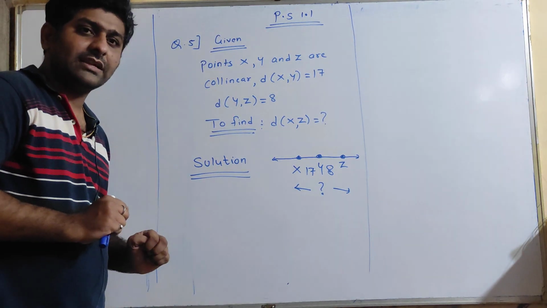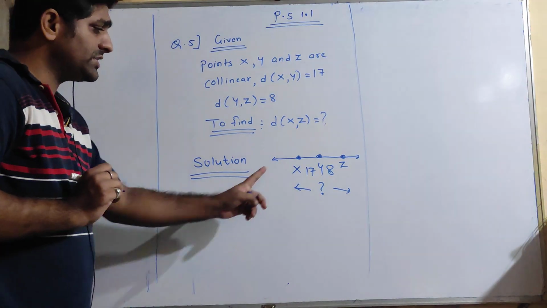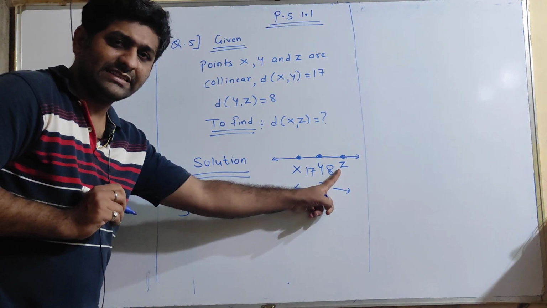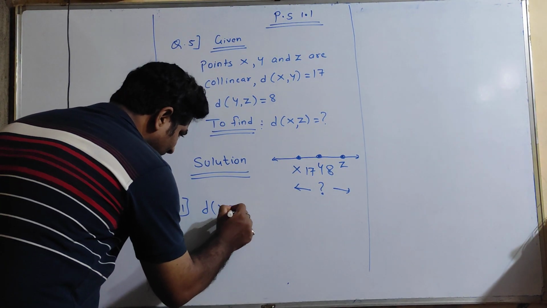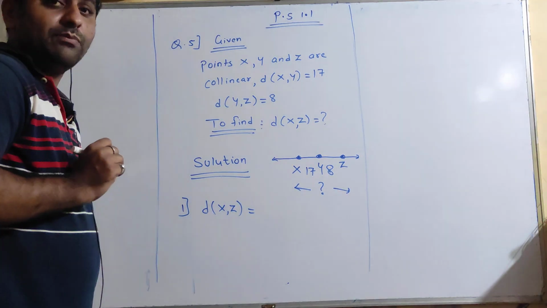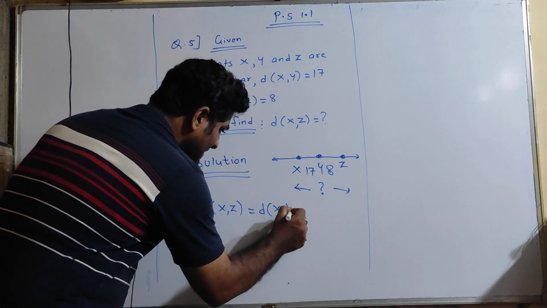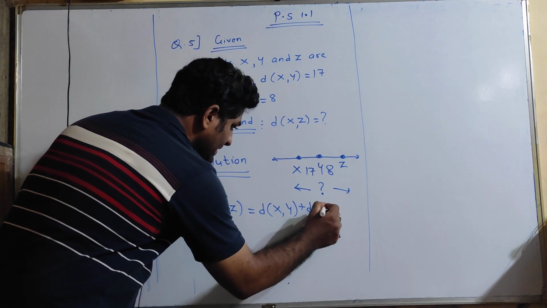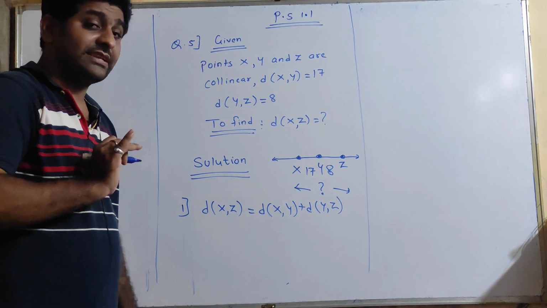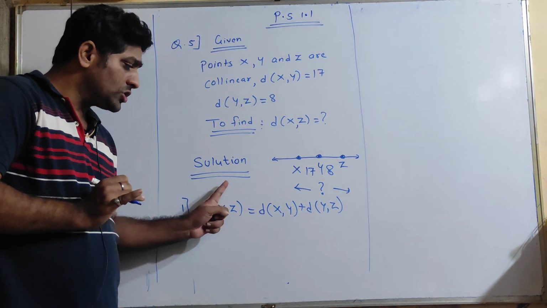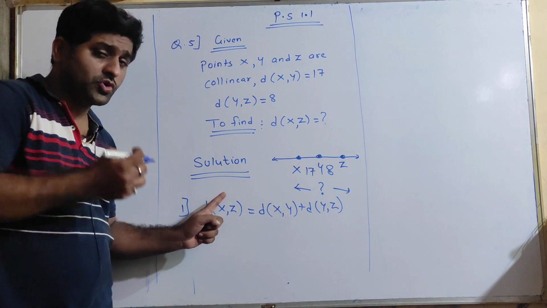Now let's start with the sum. First step: as we know, XZ is the greater distance. So can we say over here that distance XZ is made up of two parts: distance XY plus distance YZ. Correct? A bracket with the reason has to be there, because whenever you are writing a solution in geometry, it is made up of two parts.